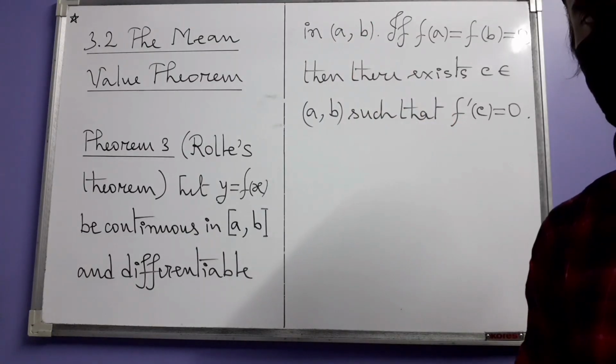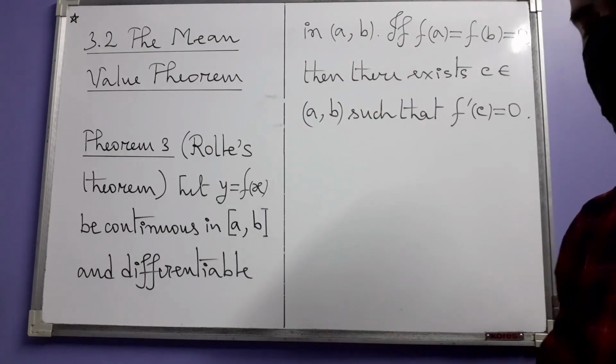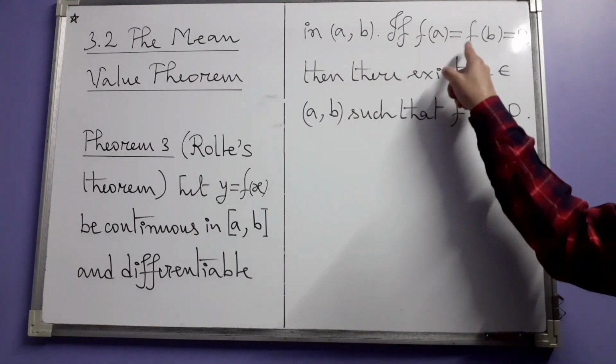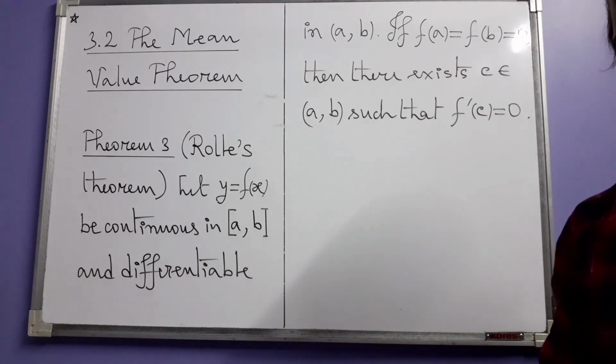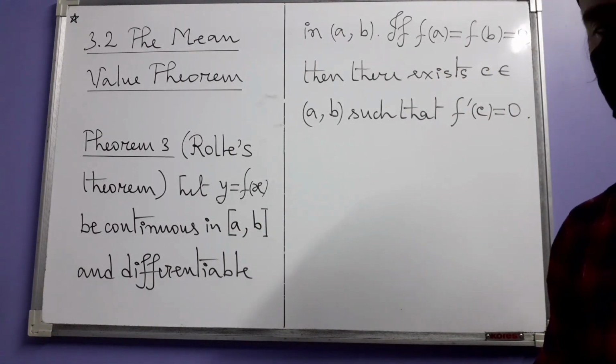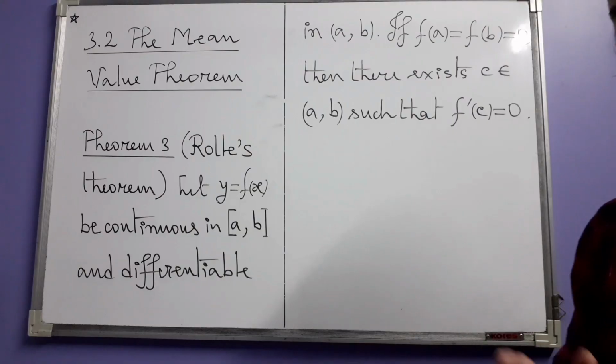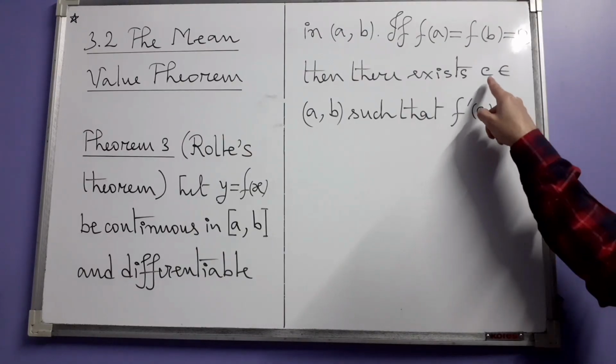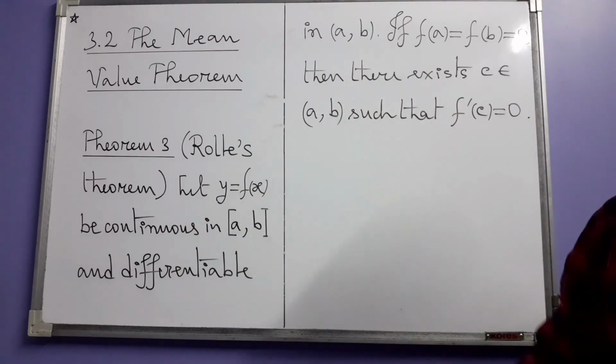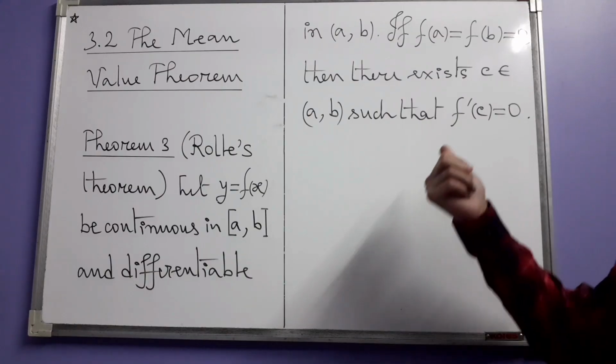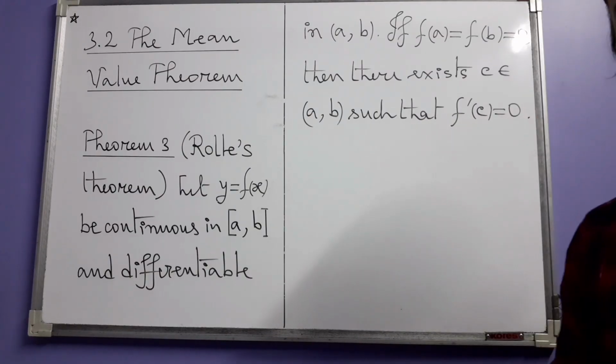in the open interval. Now with all these, if f vanishes at these two endpoints, that is f(a) and f(b) are both 0, then there exists a point c in this open interval at which the derivative of the function will be 0.